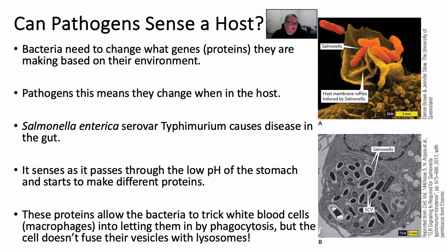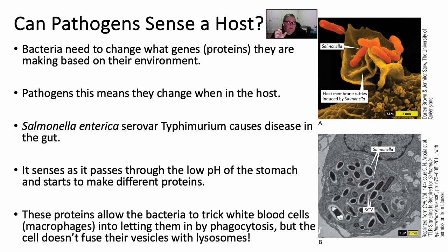Okay, and so some of these proteins that Salmonella makes are going to allow that bacteria to trick the macrophages, the neutrophils, to be more specific, our white blood cells, into eating them by phagocytosis. But the thing is, once they are phagocytosed, so they come into the cell, these proteins are going to manifest themselves on the outside of the endosome.